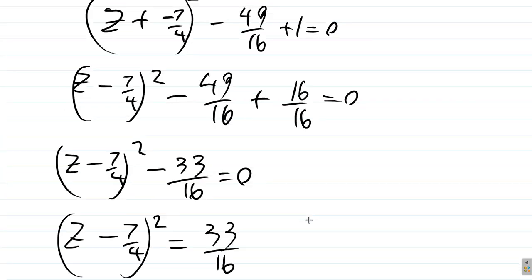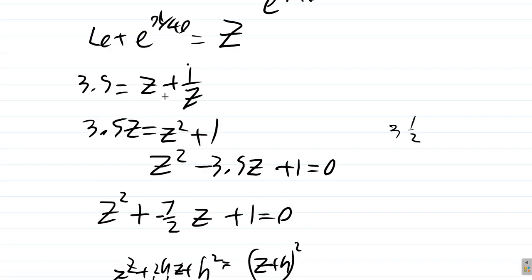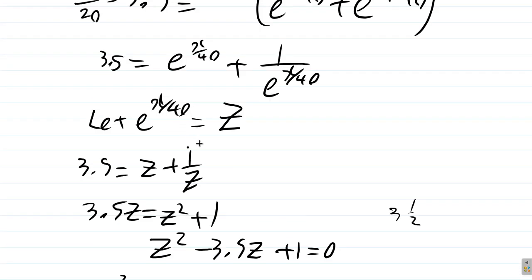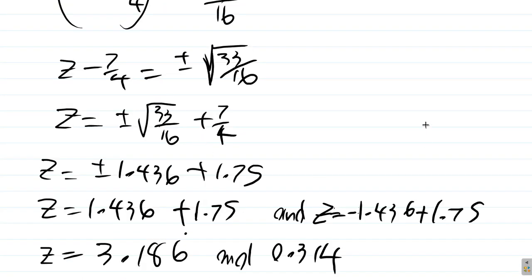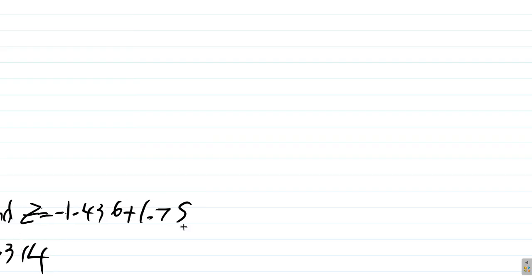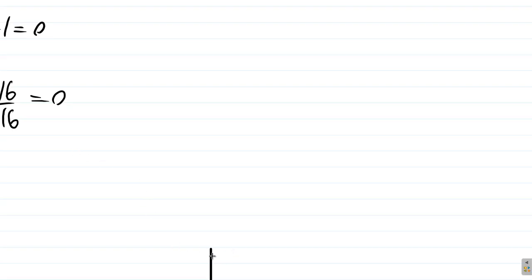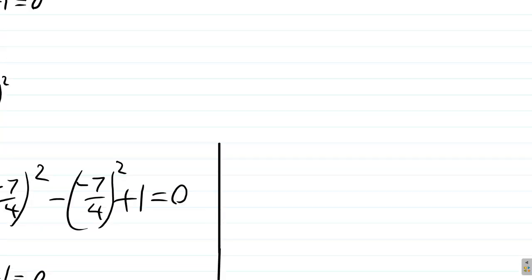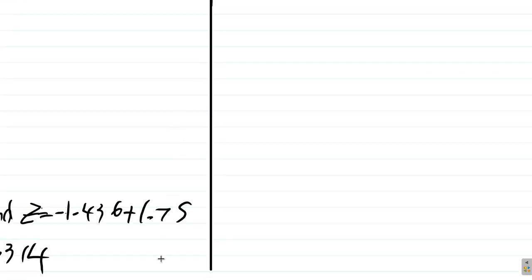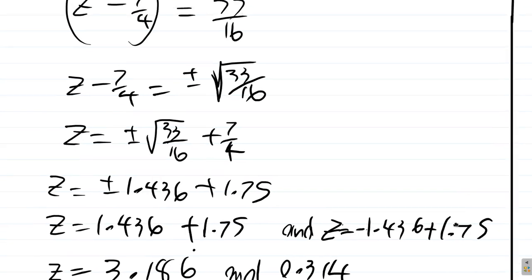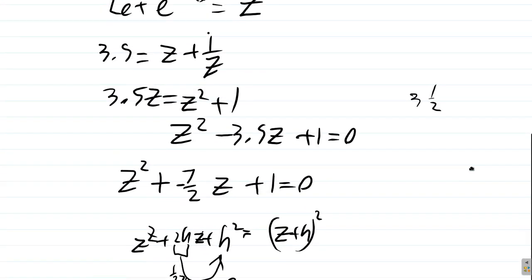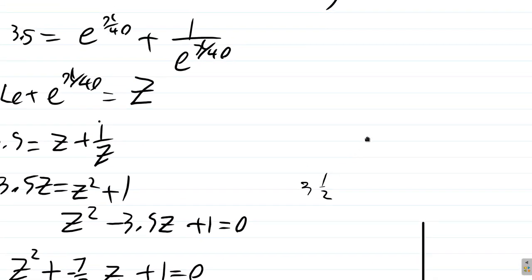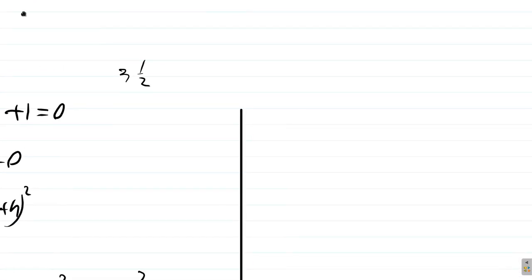What did I say z was again? e to the x over 40 is z. Okay, I've run out of scrolling space. Let me draw a line up here and continue the work. So here now, z was e to the x over 40 equals z.